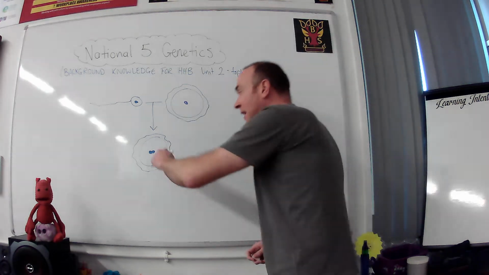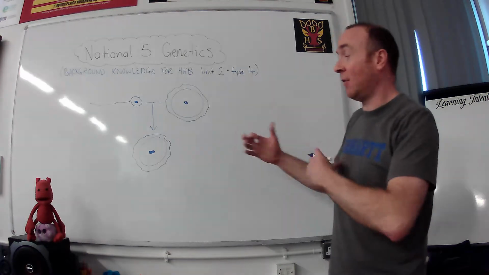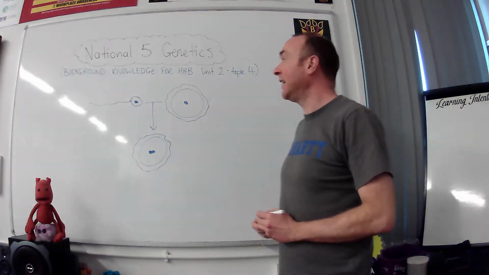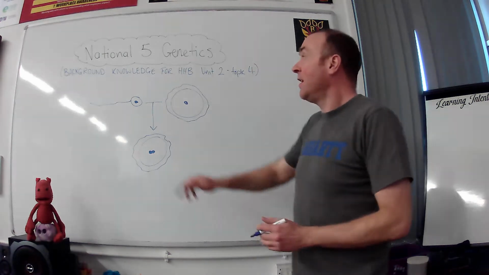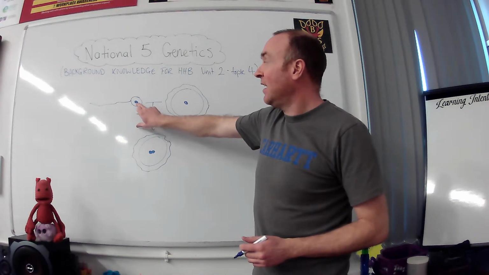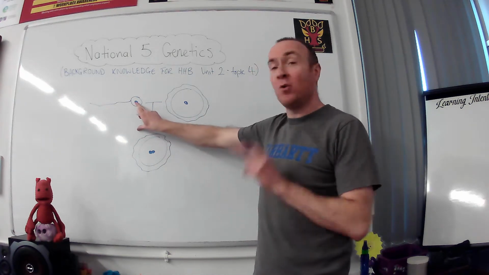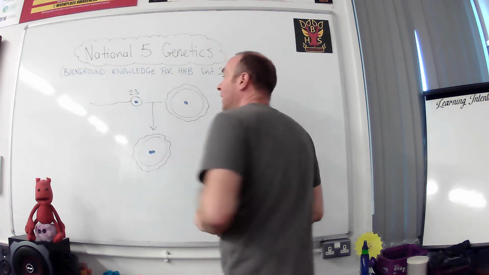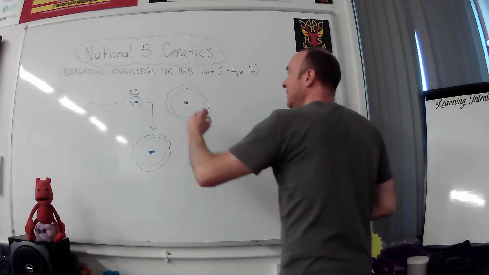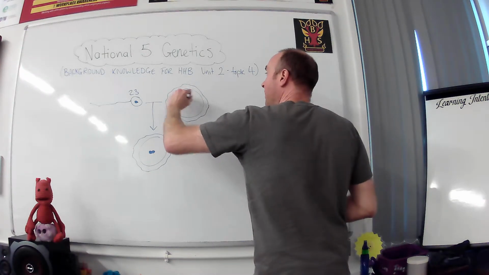So you are a unique combination of a bit of your mum's DNA and a bit of your dad's DNA. And when I say a bit there, we can be more specific than that, because the amount of information that is in there, if you remember, is one single set of chromosomes, 23 chromosomes from your dad, and the same 23 chromosomes from your mum as well.